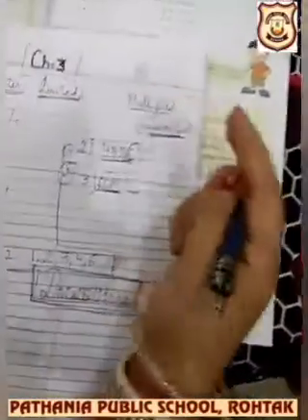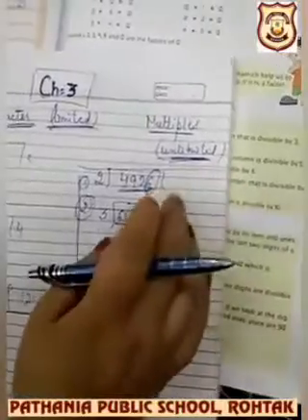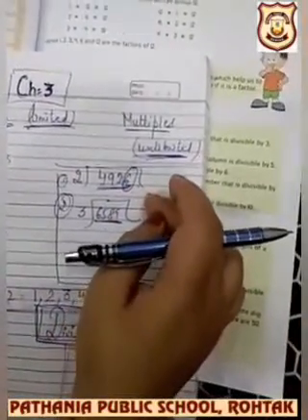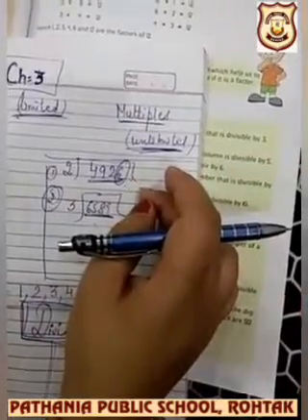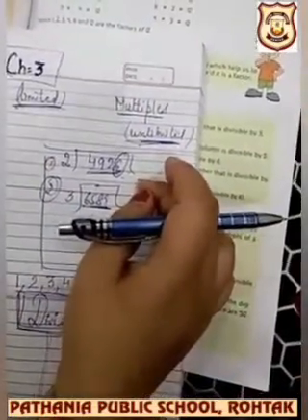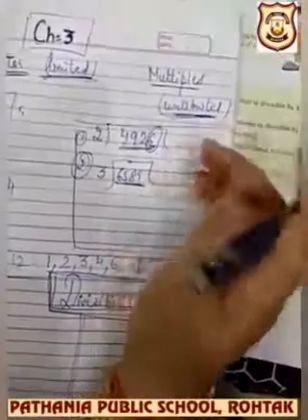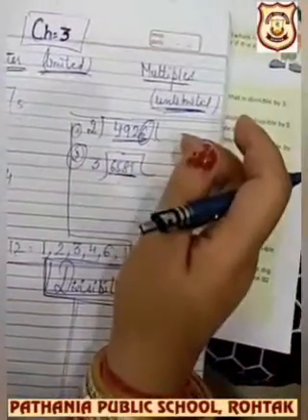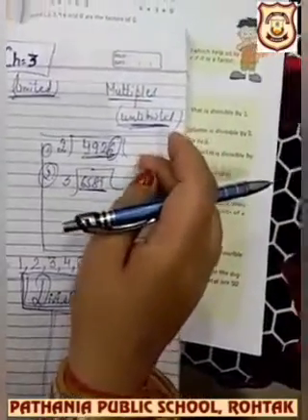I am telling you one more divisibility rule of 2. That is, if the number ends with 0, 2, 4, 6 and 8, then the number is divisible by 2, otherwise not. These are all even numbers. Clear?